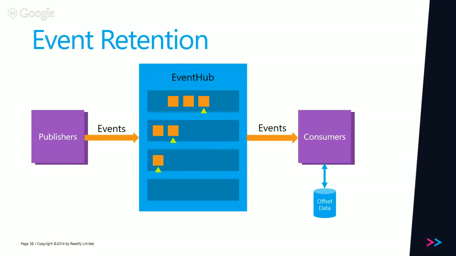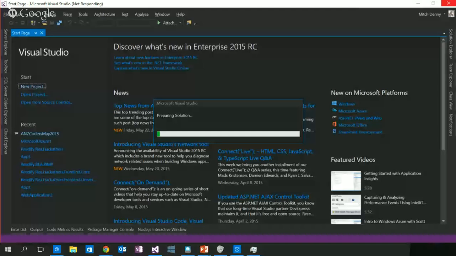So, event processors. Hopefully Visual Studio is back up and running again. I've got two instances of it, and I open up my demo. I'll just point out the difference with the code with the event processor host. See if there's any questions while waiting.